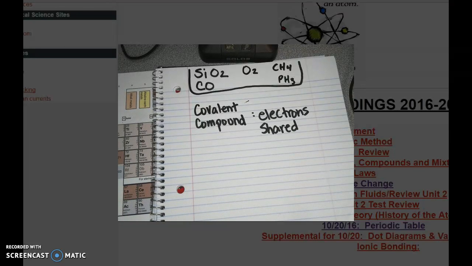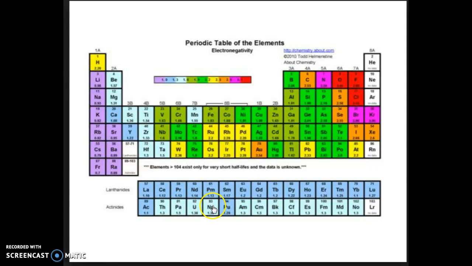So let's start with looking at something called electronegativity. I want to show you this screen here, and this is a periodic table, showing you a property of elements called electronegativity. Essentially, when you look at this scale, the closer it is to this light purple-blue color over here, the less electronegative it is. The closer it is to the hot pink and red, the more electronegative it is.